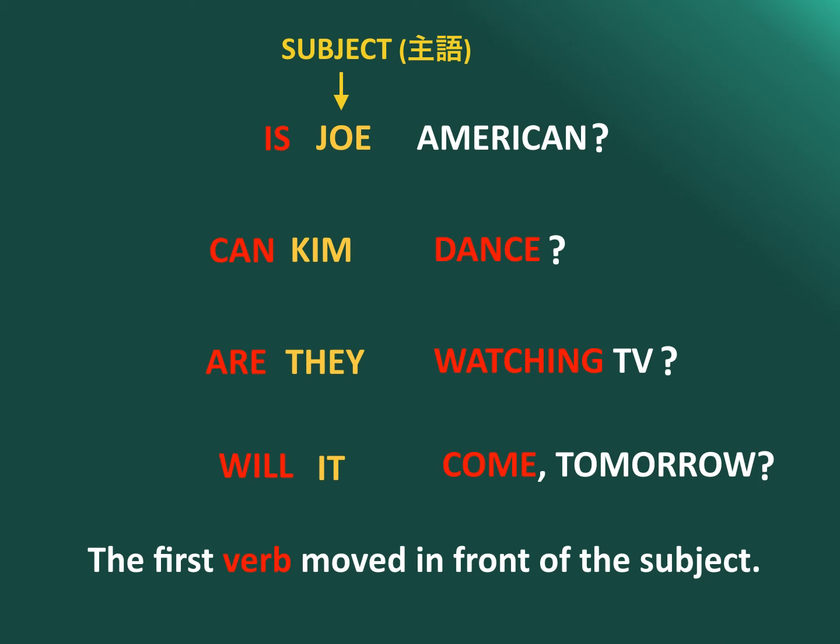It's easy to see that we have moved the first verb in each case in front of the subject of the sentence. In fact, the first sentence is a be verb. There's only one verb, but it's still the first verb, so it moves in front of the subject. The other 3 sentences contain helping verbs, which also move before the subject.